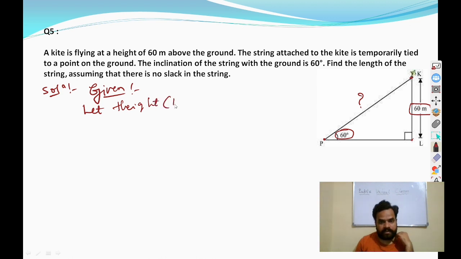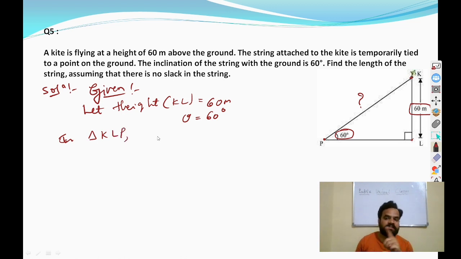I will take KL is equal to 60 meter, theta is equal to 60 degree. So in triangle, which triangle? KLP. In triangle KLP, which trigonometric function for opposite and hypotenuse is sine.